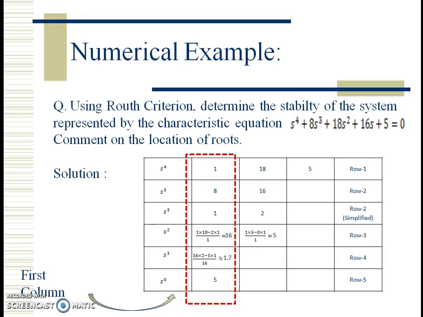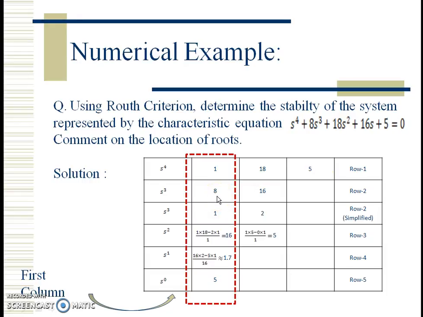So since the highest power of s is 4, from s to the power 4 up to s to the power 0, we have calculated the Routh array. First, for s to the power 4 the coefficient is 1, then skip this term, then the s square coefficient is 18, skip this term, then the coefficient is 5.